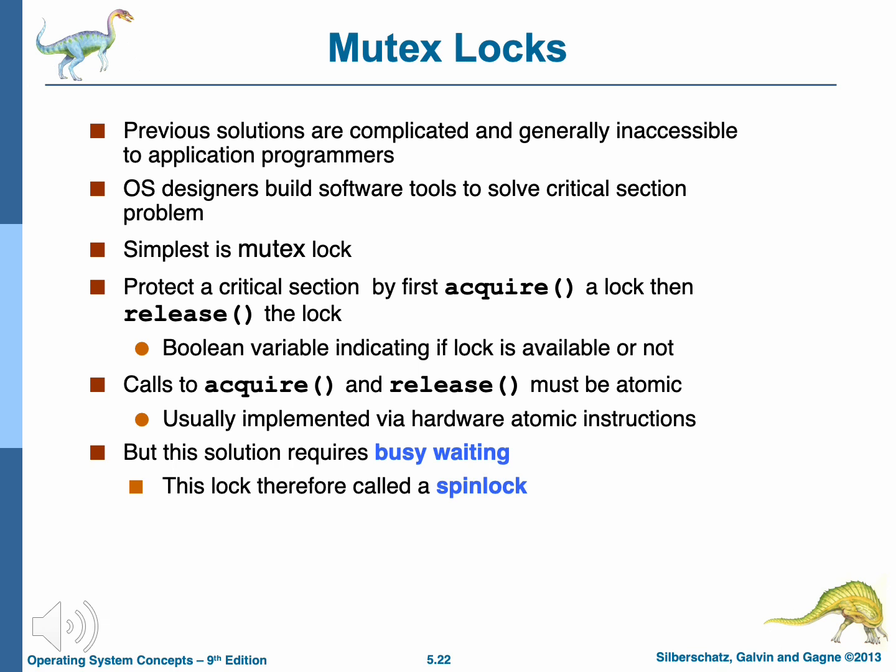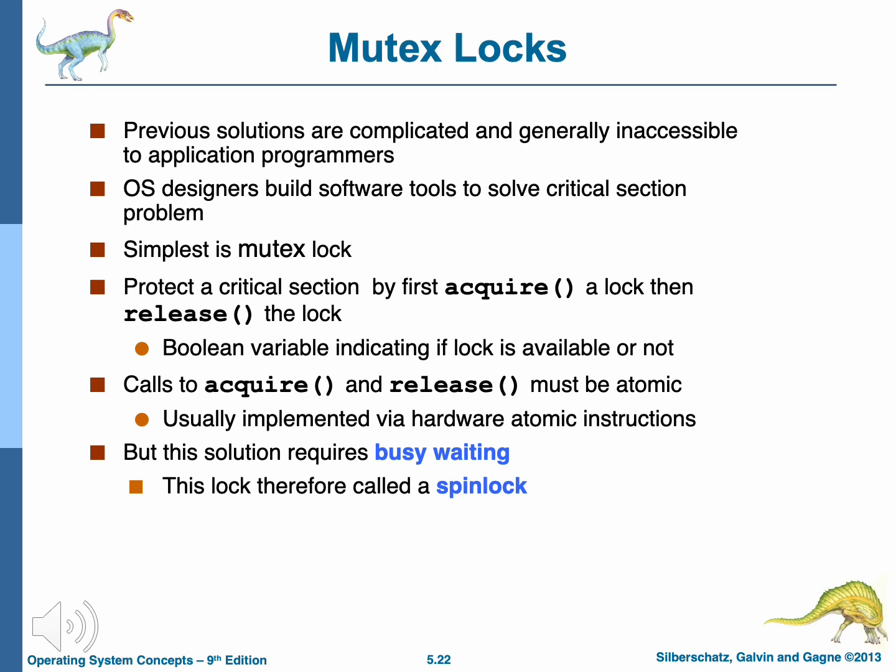In fact, the term mutex is short for mutual exclusion. We use the mutex lock to protect critical regions and thus prevent race conditions. That is, a process must acquire the lock before entering a critical section. It releases the lock when it exits the critical section.